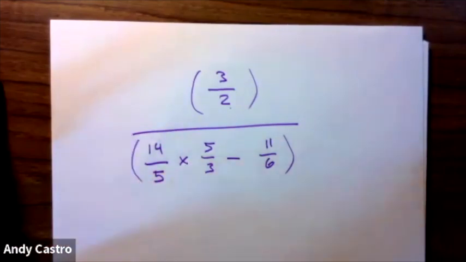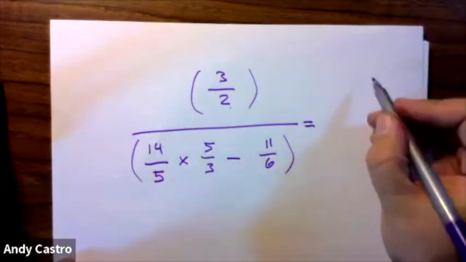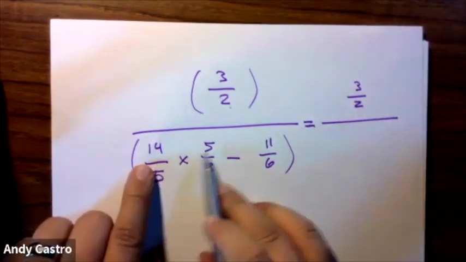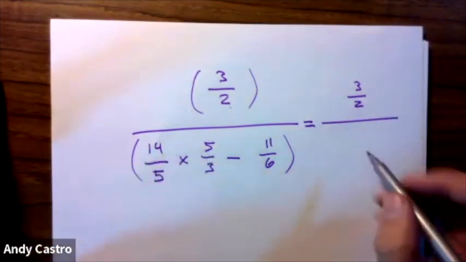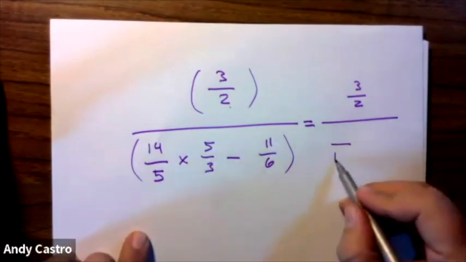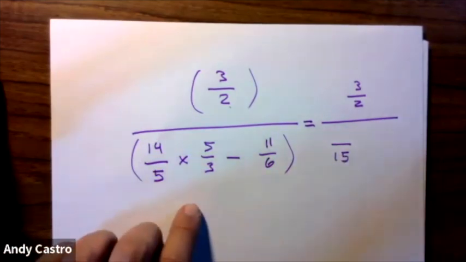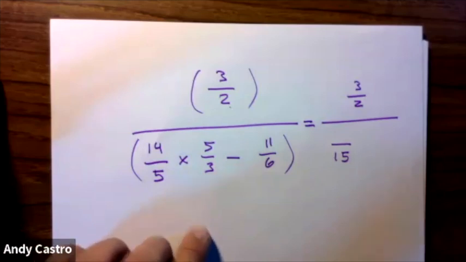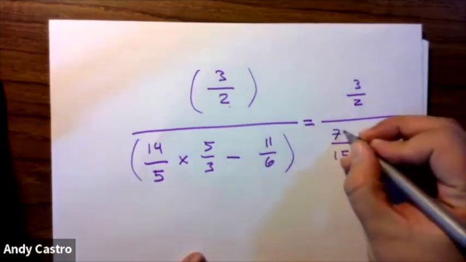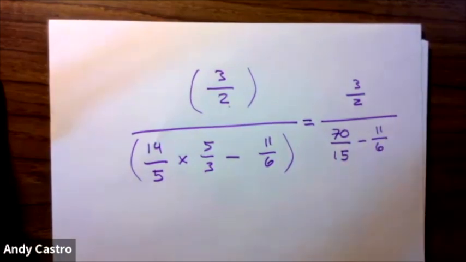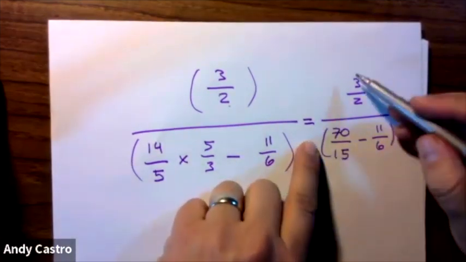So we're going to do the multiplication first. So I'm still going to keep my 3 halves on top. And then here I'm going to have 14 times 5 in the numerator, and I'm going to have 5 times 3 in the denominator. So let me work out 14 times 5 here off to the side. Okay, that's 70 minus 11/6.